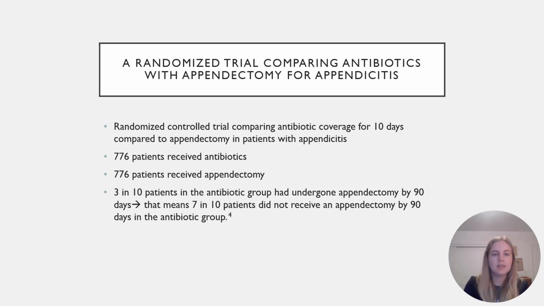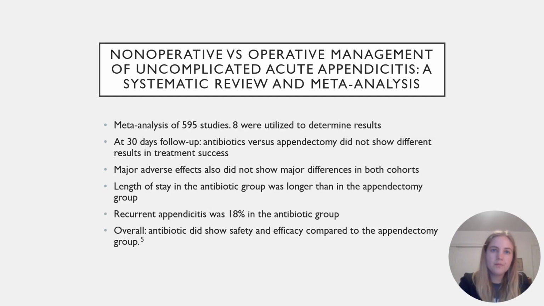So that means that 7 in 10 patients did not receive an appendectomy by 90 days in the antibiotic group. This was a pretty big result, where a lot of patients did not have to go through an appendectomy within 90 days in the antibiotic group. So that shows that the antibiotic coverage was pretty safe and effective.